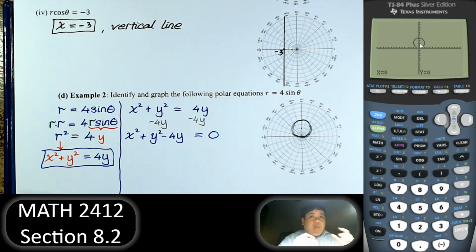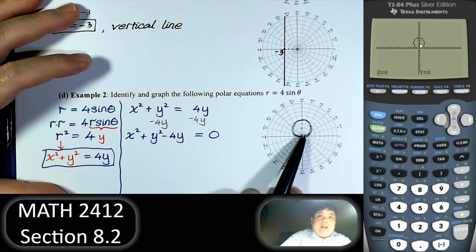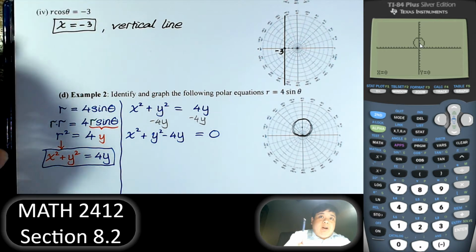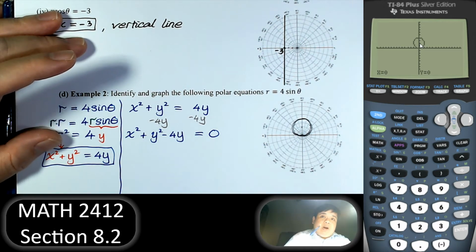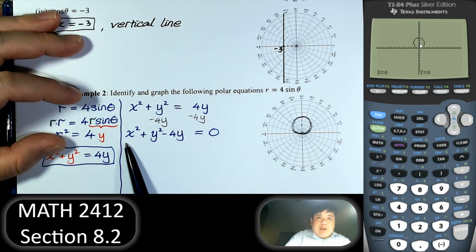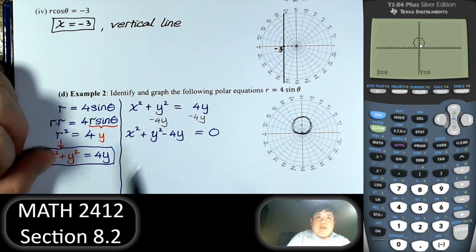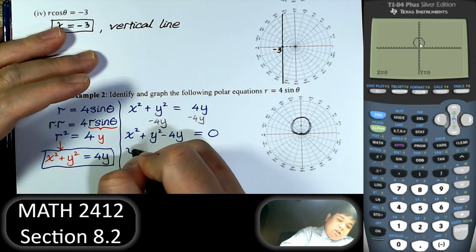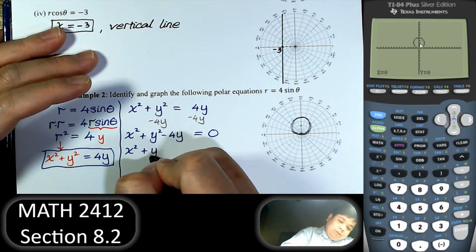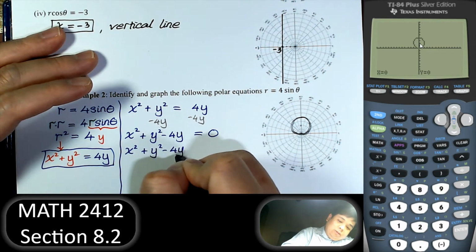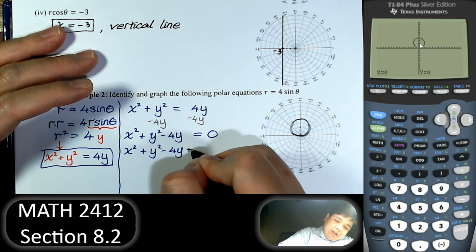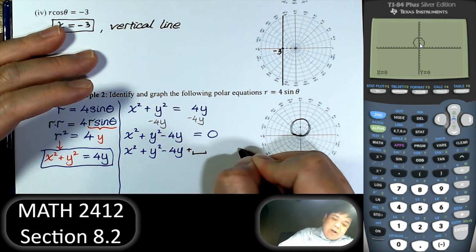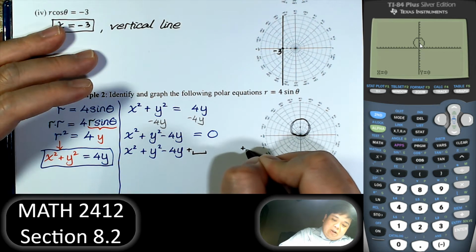Now, if we want to turn the equation into the standard form of the circle, we have something with x squared, something with y squared. So in particular, this is what we do. We can add something here to make it a perfect square, and then we can add something on the other side.